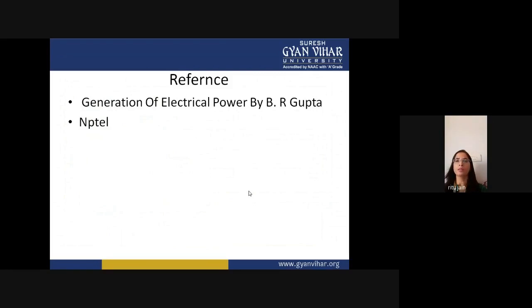By these different numericals, I think it is clear to you how we can plot the load curve, and the area under the load curve always gives you the units generated by that particular power plant or substation.